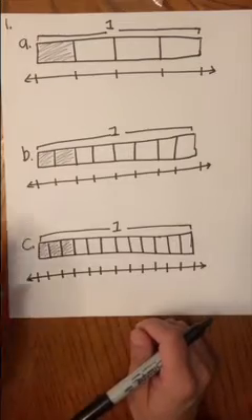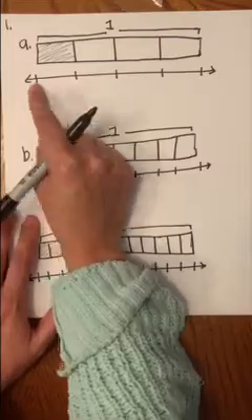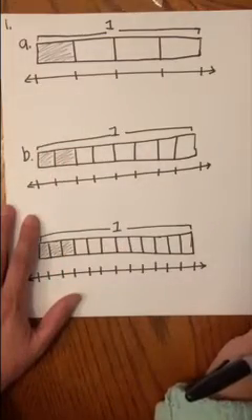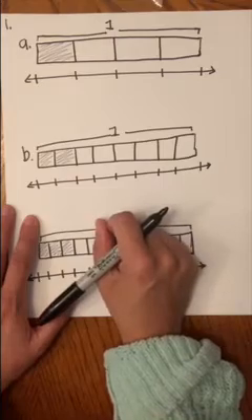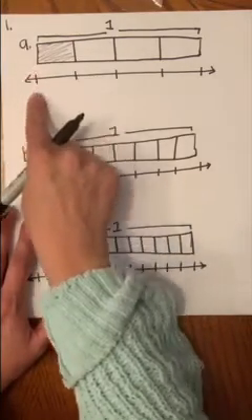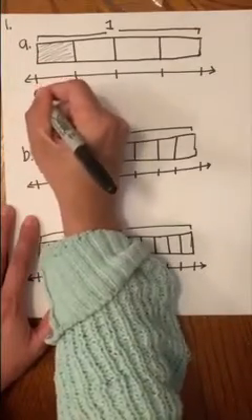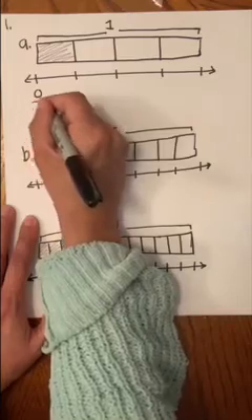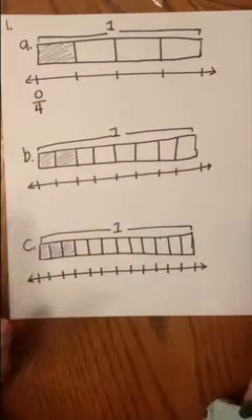Right? So I'm going to go ahead and label my number line. If I look over here, I know that this will be 0/4. And we know that 0/4 is really 0, right?